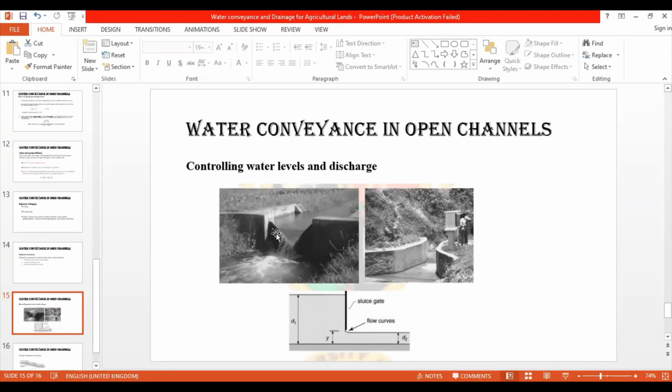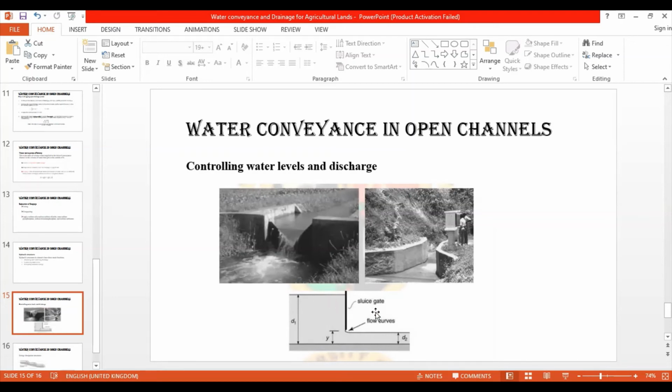You see here, this channel goes down there, but now it has been blocked with this V. For water to go through, it needs to fill the first part, then it will come this side. So that's one way of controlling the level of water in your drain.